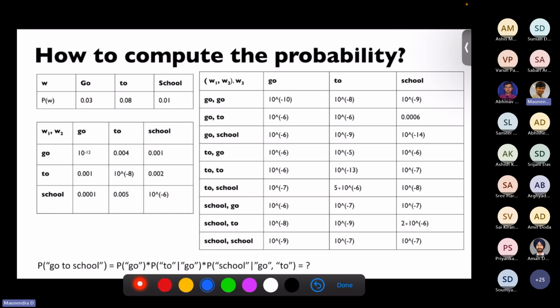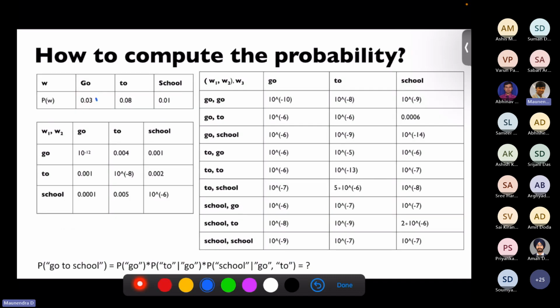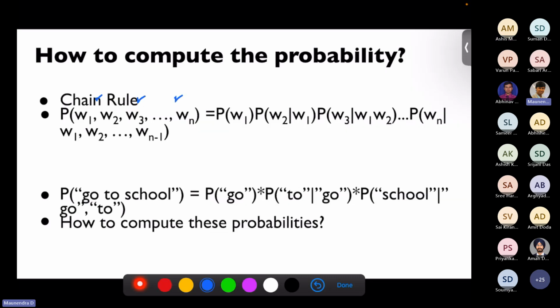If we assume that these probabilities are there, say probability of go is 0.03, probability of to is 0.08, probability of school is 0.01, then we should also have probabilities like probability of to given go.